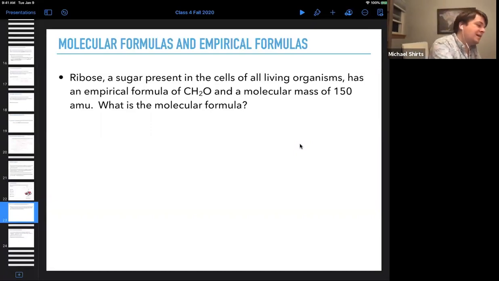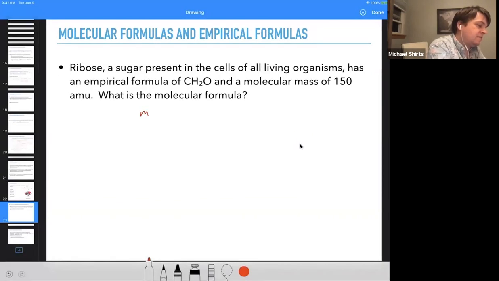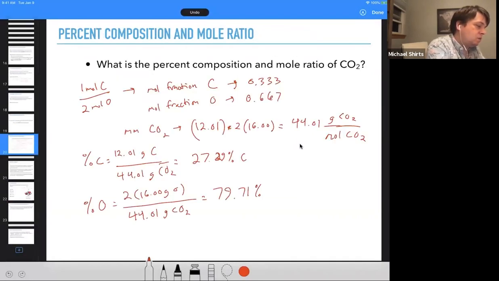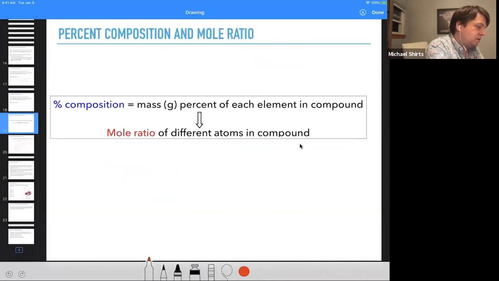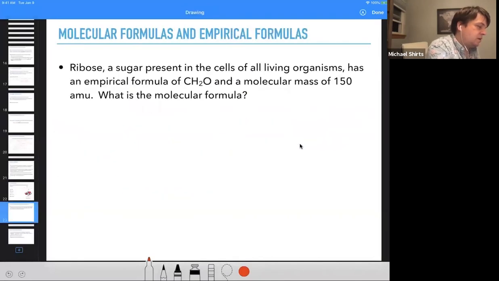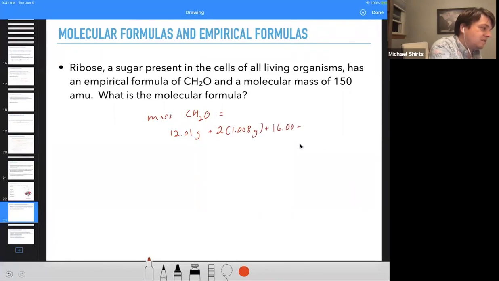So the mass of the unit CH2O is going to be 12.01 grams plus 2 times 1.008 grams plus 16.00 grams.